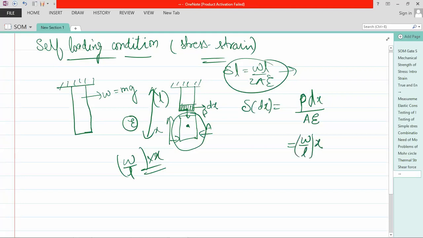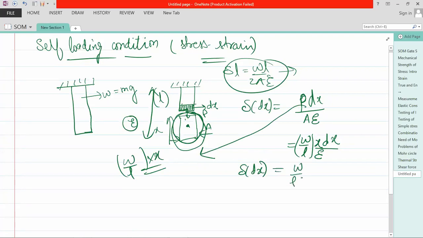Now multiplied with x, the weight of this part is obtained. Now this part is only responsible for the elongation of this dx element. Everything is the same, but just put P is equal to W x by L. Now this is the elongation of this dx element: W x dx by L A E.